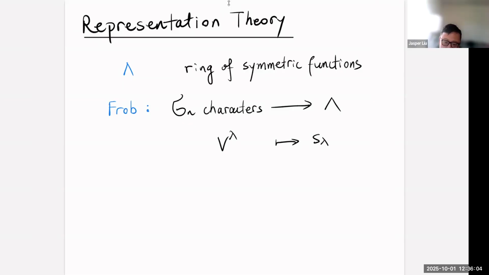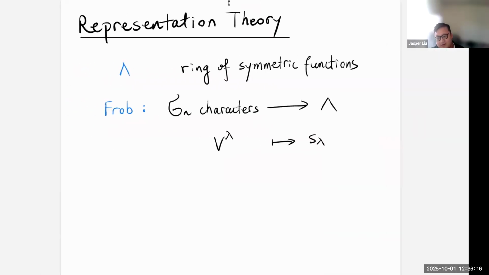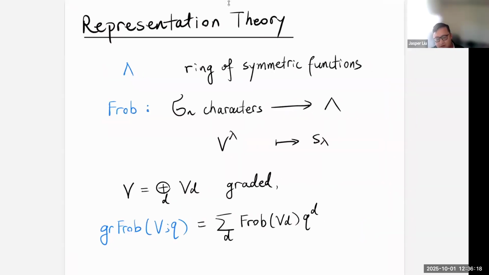So if we put in the irreducible representation of S_n labeled by some partition lambda, the output is the Schur polynomial labeled by lambda. And there is also this notion that if we have a graded representation, then there is a graded Frobenius image that basically takes the Frobenius image of the degree d part and multiplies it with q to the power of d.